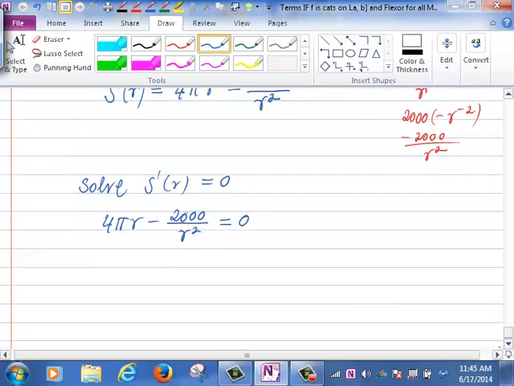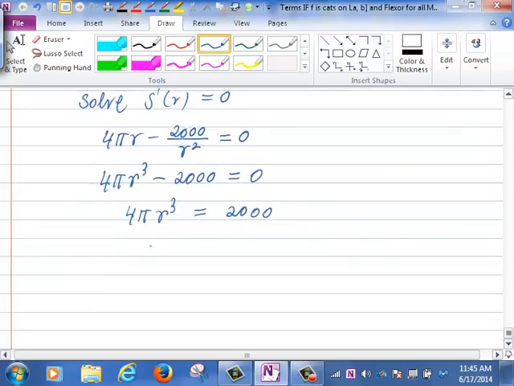Multiply everything by r squared, what do you get? 4 pi r cubed minus 2000 is equal to 0. So then I get 4 pi r cubed is 2000. r cubed would be 2000 divided by 4 pi.